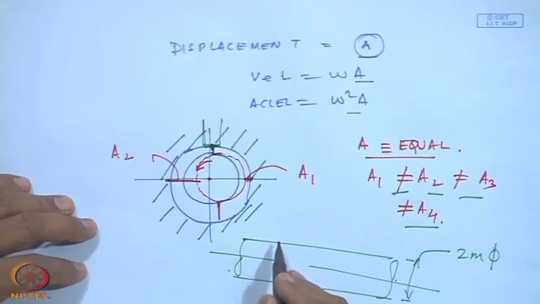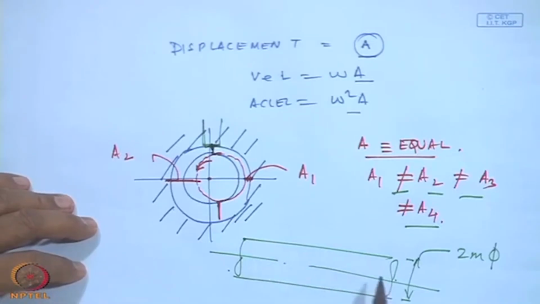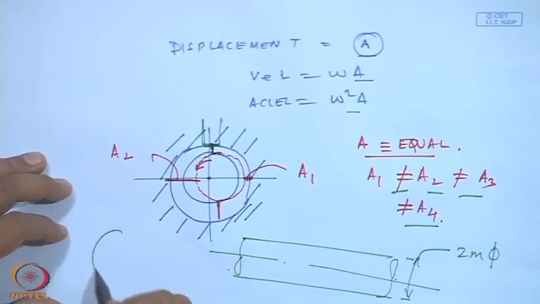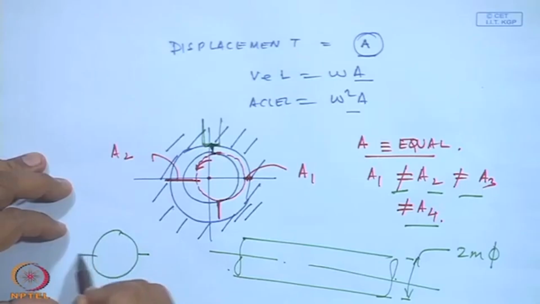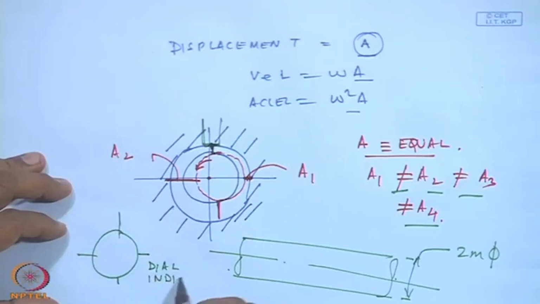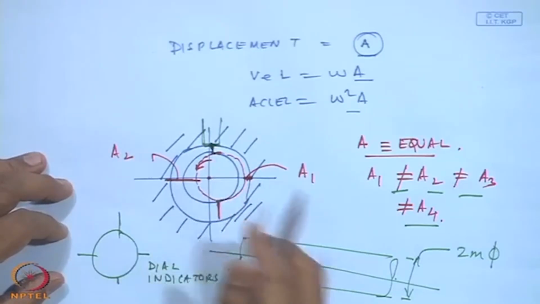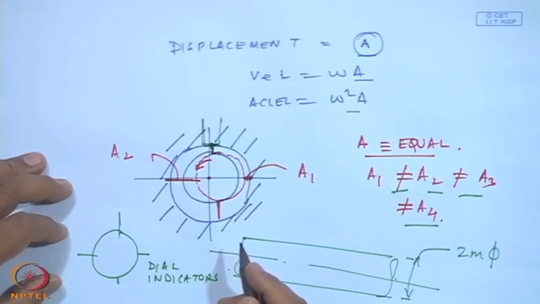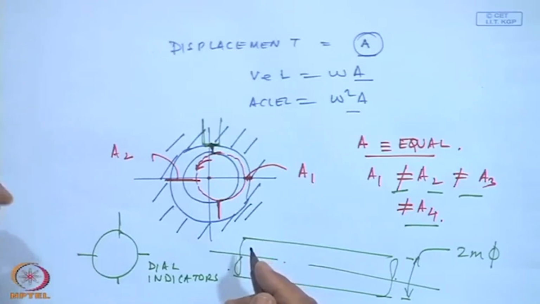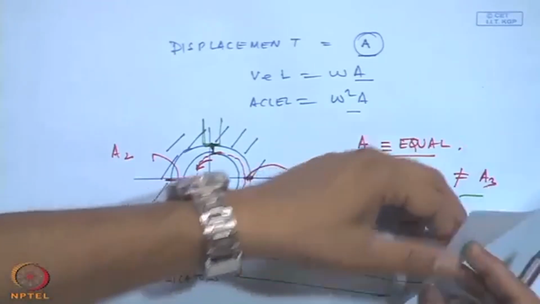So, this actually you would have seen when they go to install and commission such equipment, they actually put a lot of dial indicators. These are nothing but mechanical spring loaded, they have a plunger and stylus. So, the plunger is going to move depending on this A1, A2, etc., and then we will have a corresponding reading. And these dial indicators are very good in the sense, if you want to measure the surface roughness in a bearing to out of roundness in a bearing.